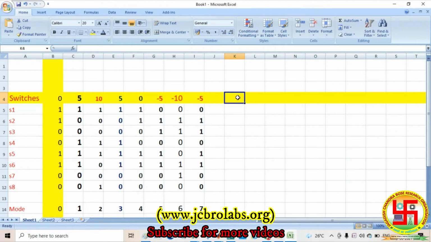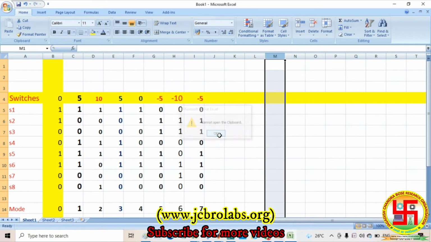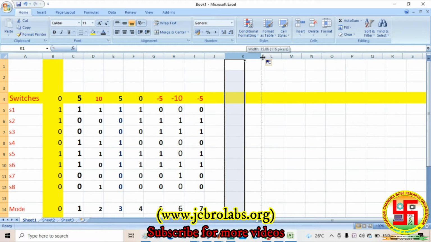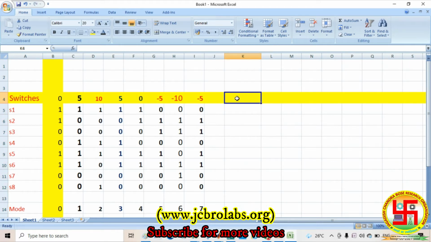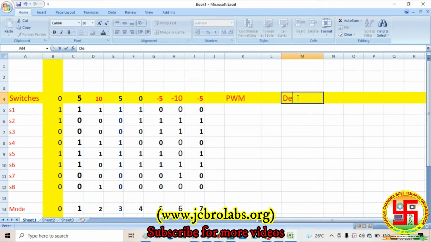So go to here, and now you can keep a column here. Here I am mentioning the pulse width, PWM, and here the delay.